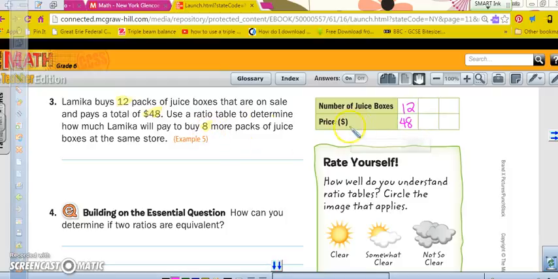We need to buy 8 more packs, and we don't know the price. So we can divide 12 and 48 both by 12. That gives me a 1, and 48 divided by 12 is 4. To go from 1 to 8, I have to multiply by 8, and 4 times 8, again because I did it on top, equals 32.